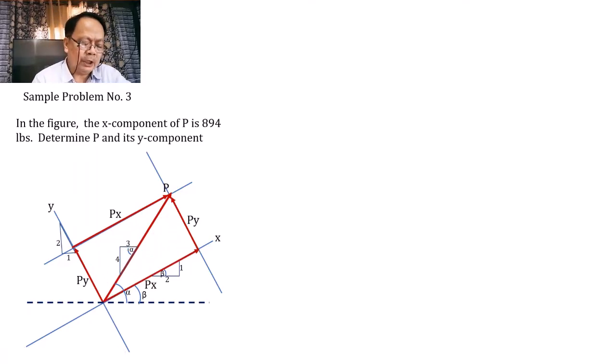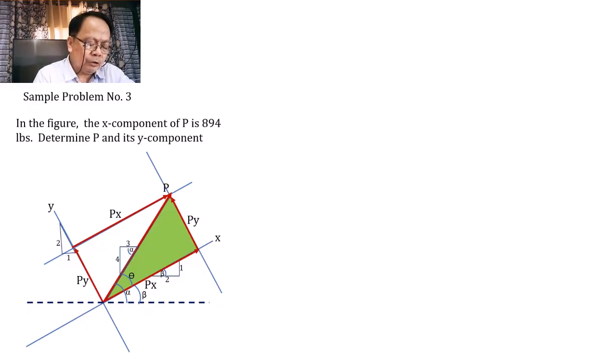I want you to notice that we have formed this triangle where Py, Px, and P are involved. However, we do not know this angle. If we are able to express this angle, then we can express the relationship between Py, Px, and P, plus this angle between x and P. Let us imagine that angle to be called theta.